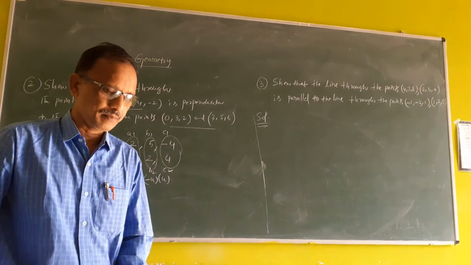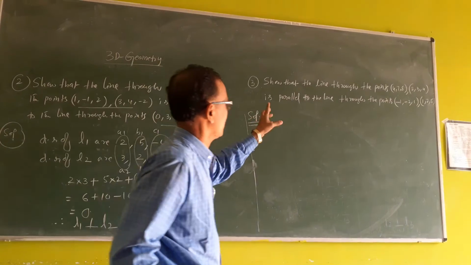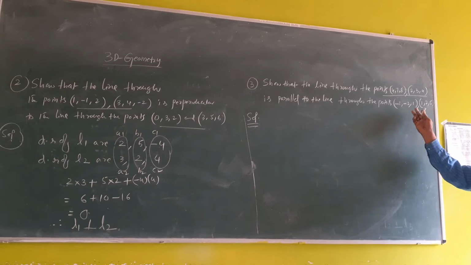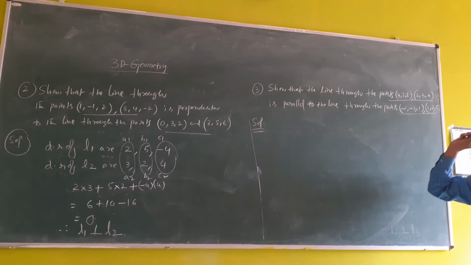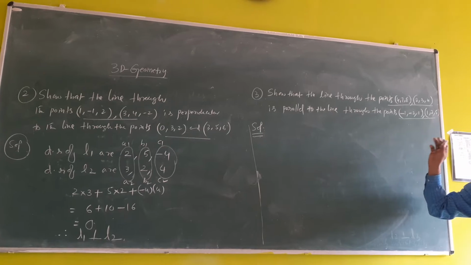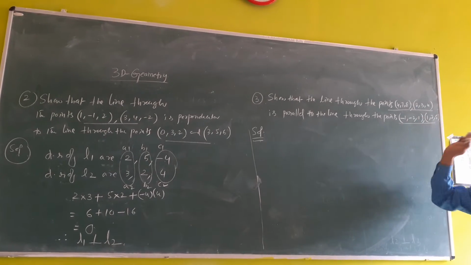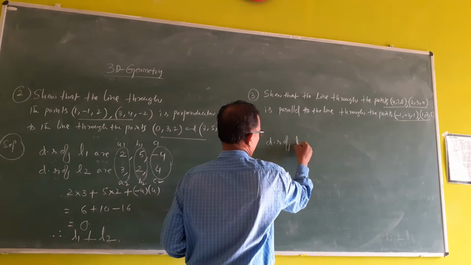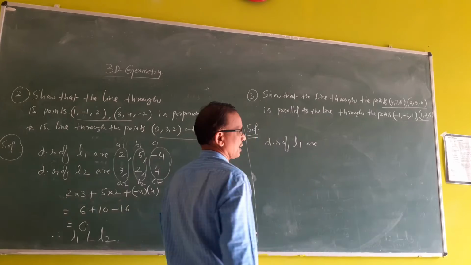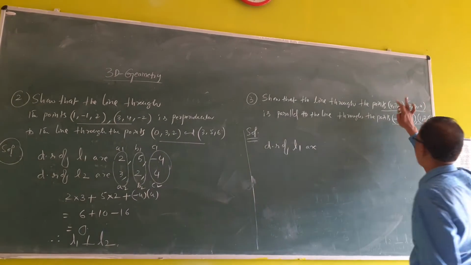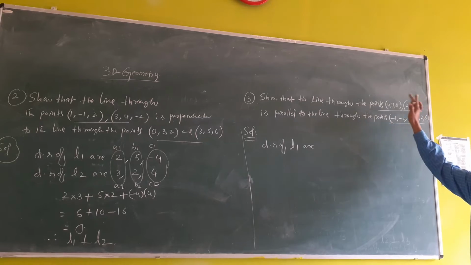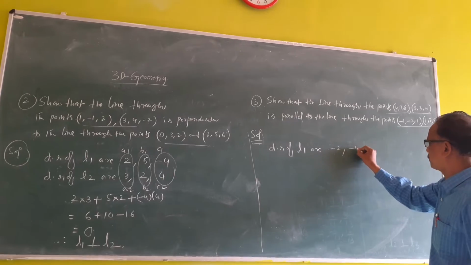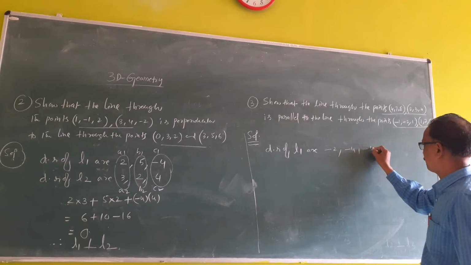Now the line joining these 2 points is parallel to the line joining these 2 points. First find direction ratios of the first line: 2 minus 4 is minus 2, 3 minus 7 is minus 4, 4 minus 8 is minus 4.